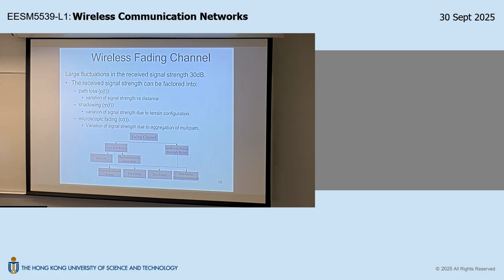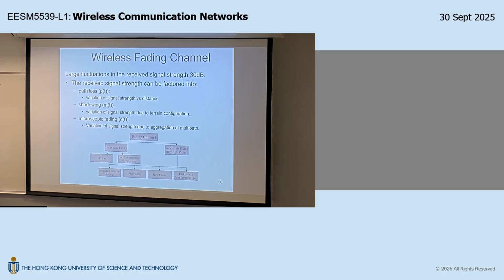On the other hand, microscopic fading changes on the same time scale, so as we discuss later, it will have an impact on physical layer performance. Because we are talking about the physical layer, we'll focus on microscopic fading. We need to build a model to encapsulate the effect of microscopic fading.